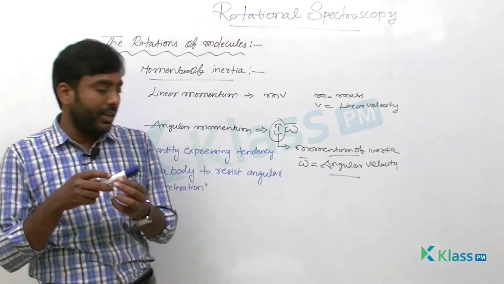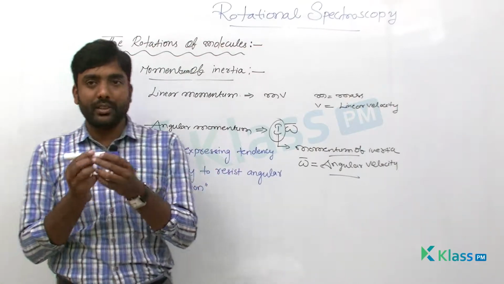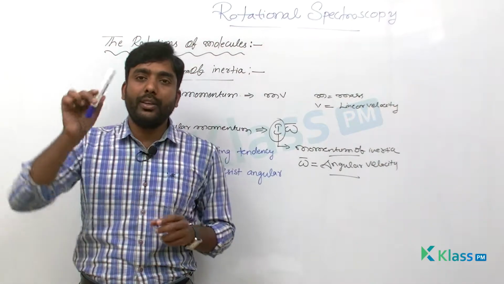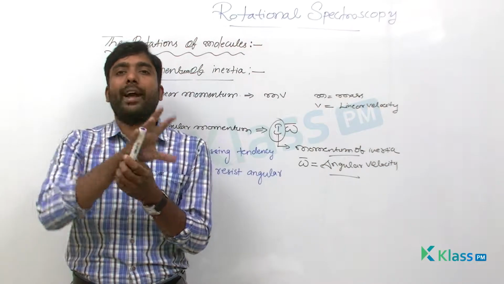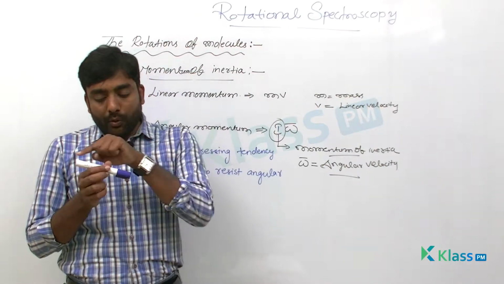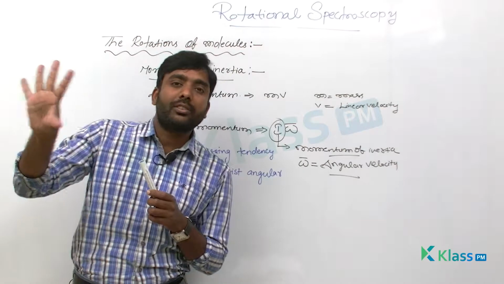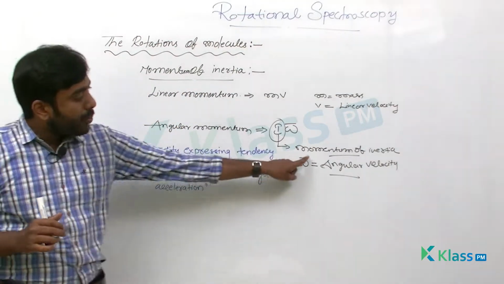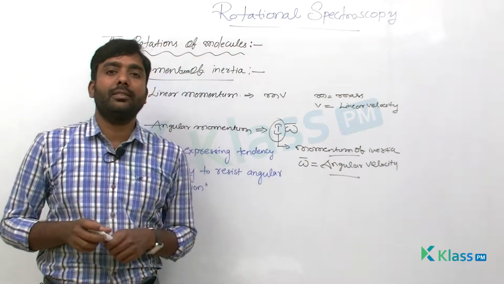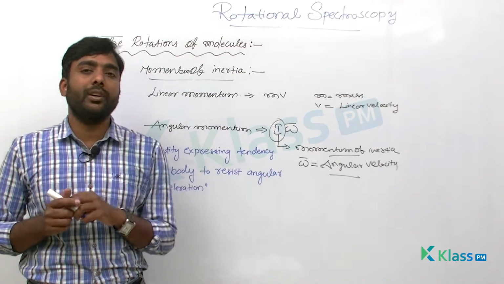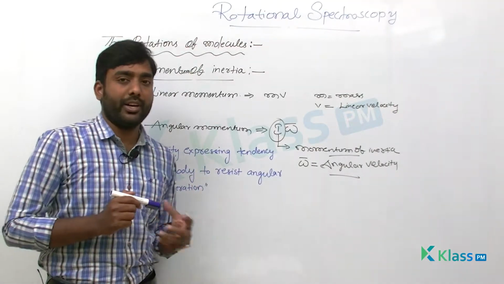The simple way to understand this definition is, for example, I want to put it in rotational motion, so I have to give some angular acceleration. Now this body gives some resistance in the form of moment of inertia, which does not allow it to go into rotation, that is angular acceleration.